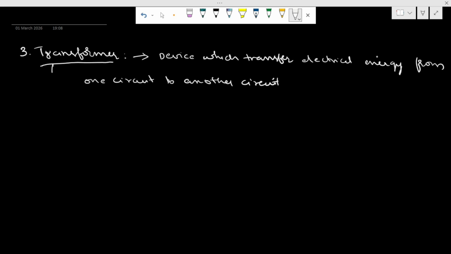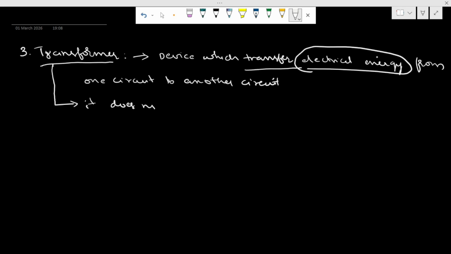It does not produce electricity. It only changes the voltage levels, and transfers only electrical energy. It does not produce any electricity. It can only transfer.